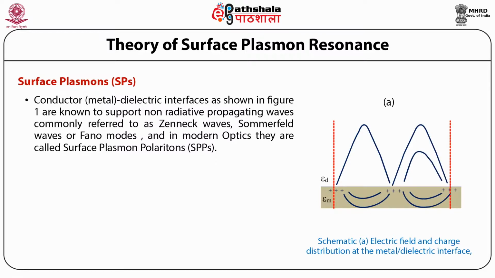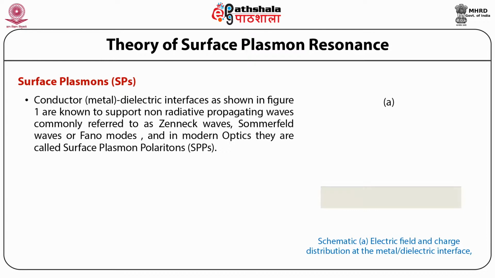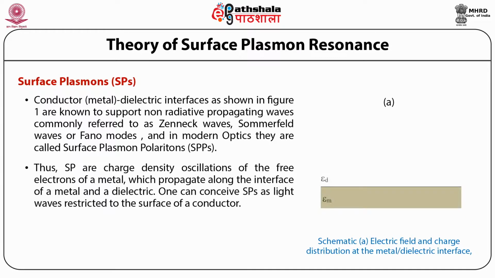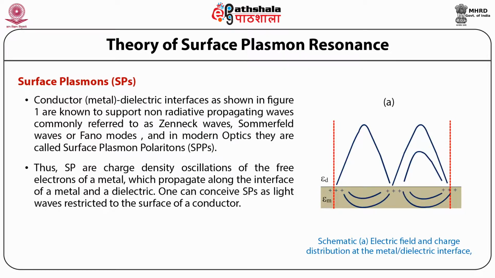Surface plasmons can be considered as quasi-particles originated by the coupling of surface plasma charge oscillations and the EM fields. Thus, surface plasmons are charge density oscillations of the free electrons of a metal, which propagate along the interface of a metal and a dielectric.